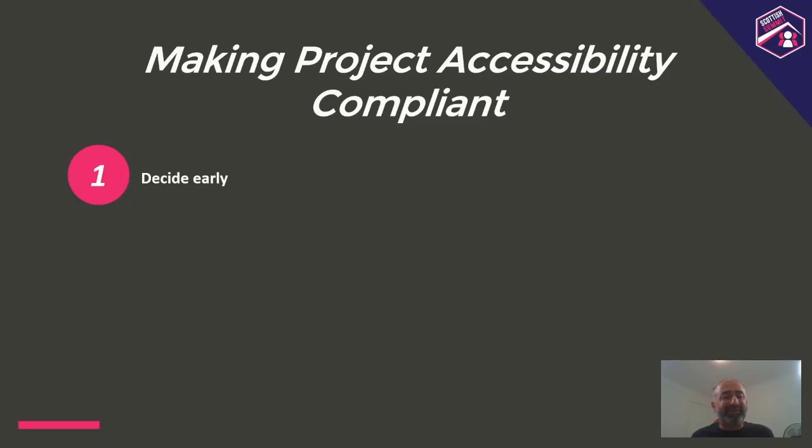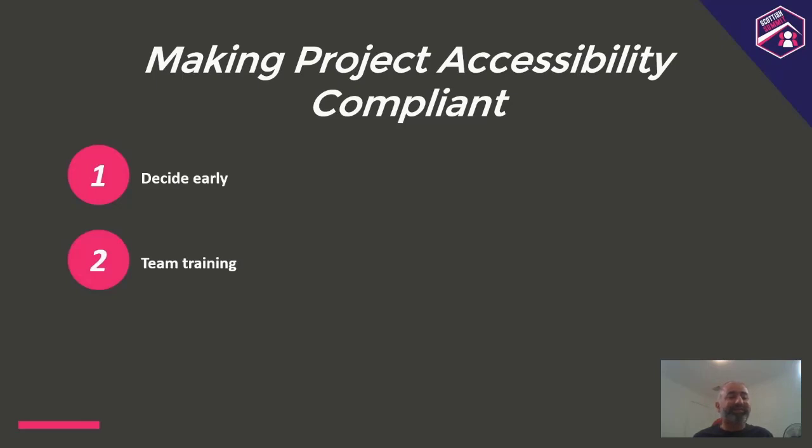So it became difficult at that time. We already had done much work, and of course that was not in compliance with accessibility standards, so we had to redo a lot of things. So that is my first learning. Decide early. When we are scoping, probably that is the best time to decide if the project will be accessibility compliant or not.